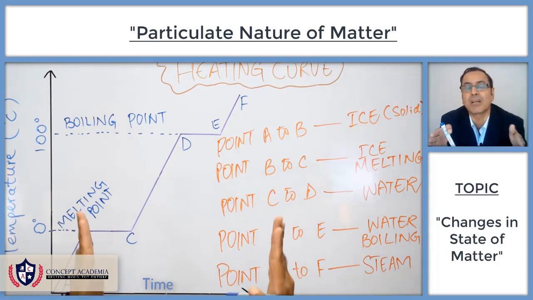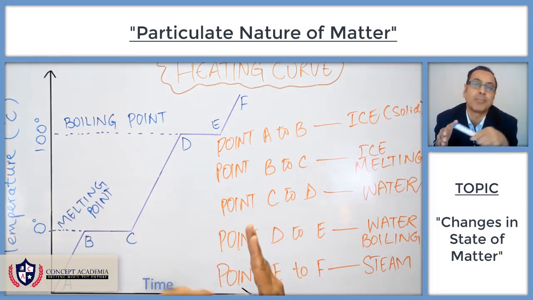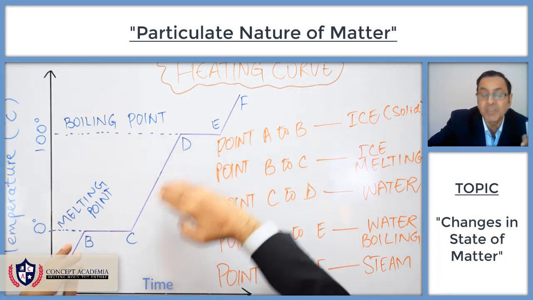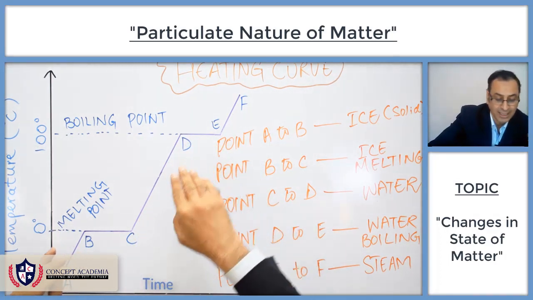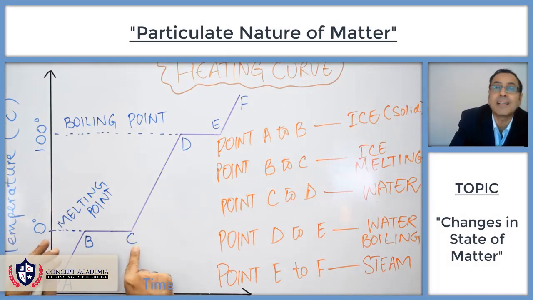When all the particles of solid have been converted into liquid, the temperature will start rising, and the thermometer can sense it. So between B to C, this is the latent heat. This heat cannot be sensed by the thermometer.